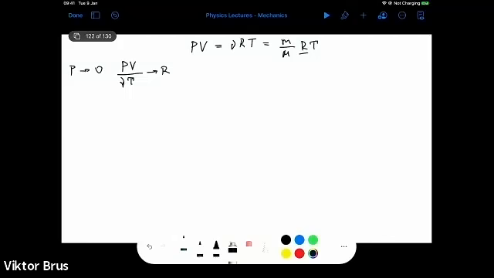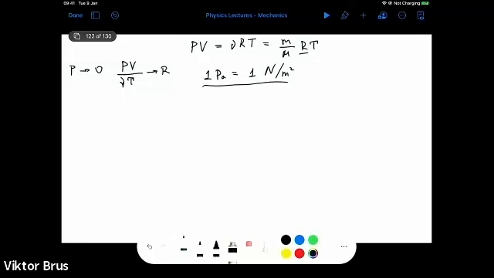So if we consider pressure in pascals, who remembers what will be the definition of Pascal? It will be 1 Newton per meter square. Meter square, yeah.